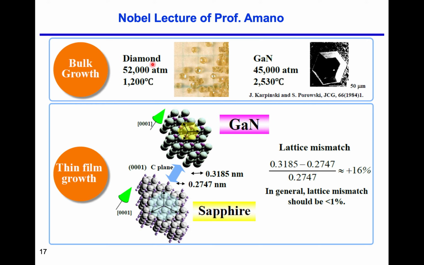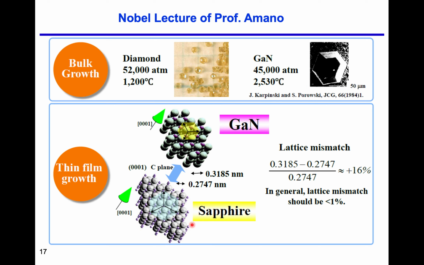If you want to have diamond, you need 50,000 ATM and a very high temperature, over 1,000, it's 1,200 degrees C. But if you want to have a gallium nitride substrate, it is possible. Yeah, you need a comparably high pressure, 45,000 ATM, and a much higher temperature, over 2,530 degrees C. So that is very difficult.